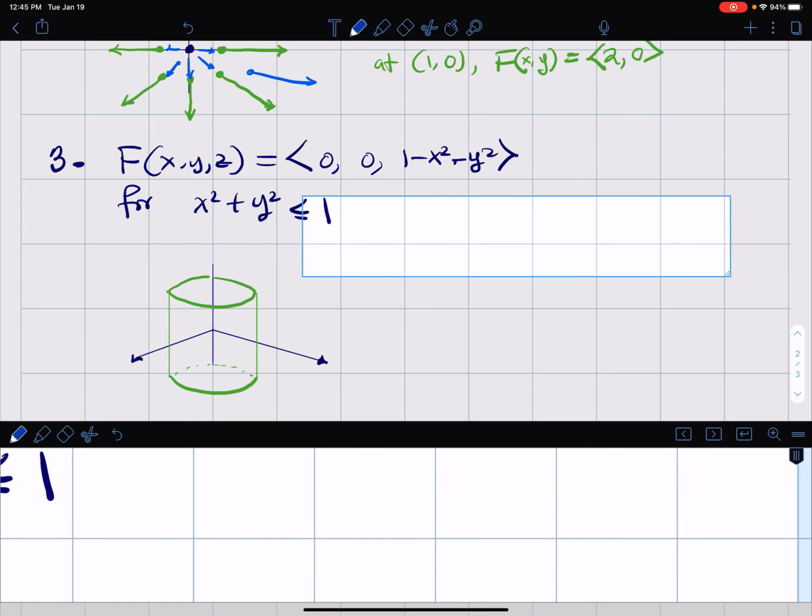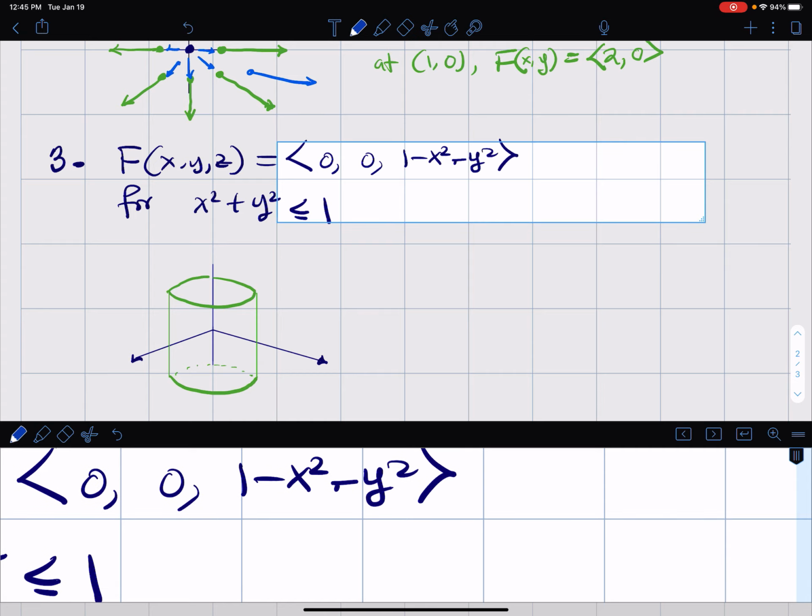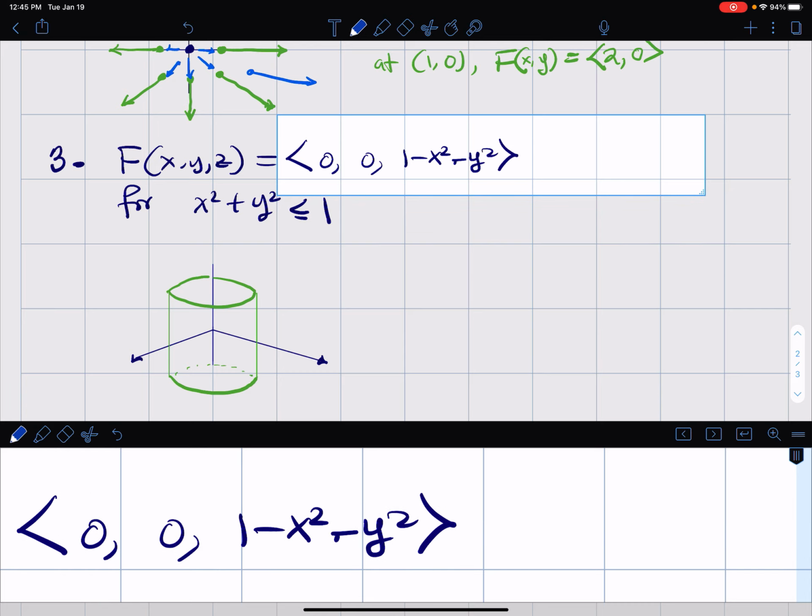Our vectors are going to have the form 0, 0, and then only z values. So that means along the x-axis, our vector is not moving at all. It's steady along the x-axis. Along the y-axis, it's steady. Along the z-axis, that's the only axis where it has values.